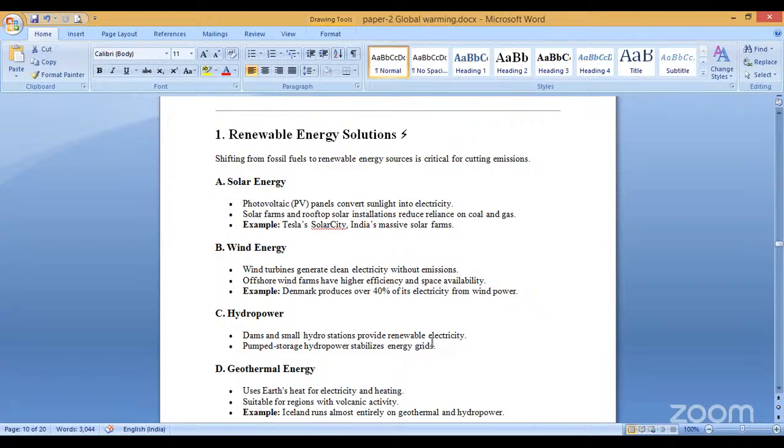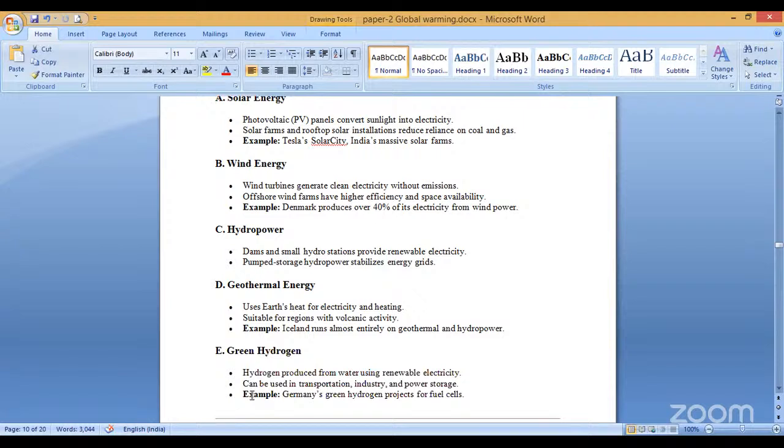Then coming to the next renewable energy resource, geothermal energy. It uses the earth's heat for the production of electricity and heating. It is sustainable for regions with volcanic activity, where volcanic eruptions continuously occur.